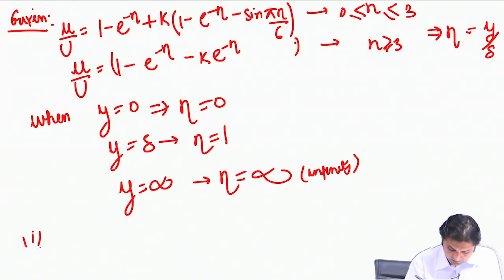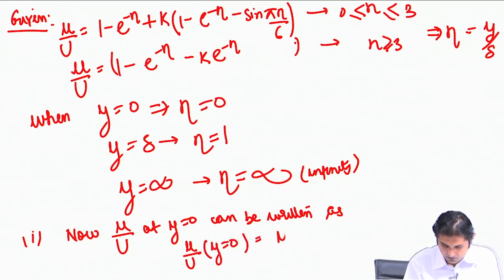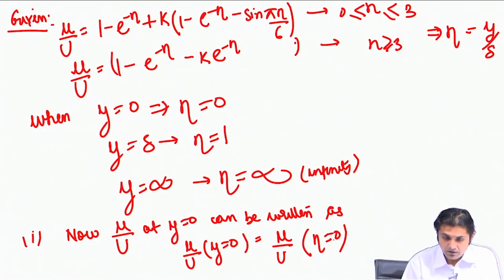So, first part: u by capital U at y equal to 0.